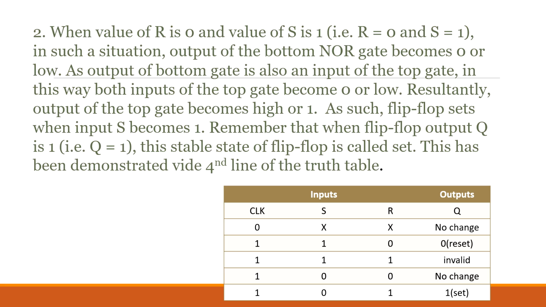Resultantly, the output of the top gate becomes high or 1, so the flip-flop sets when input S becomes 1. Remember that when the flip-flop's output Q is 1, that stable state of the flip-flop is called set. This has been demonstrated in the fourth line of the truth table.